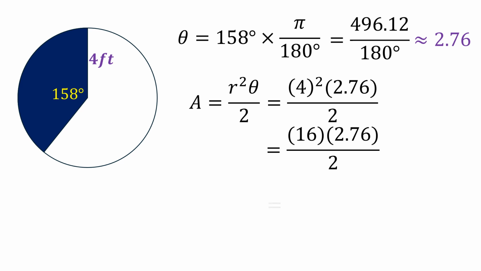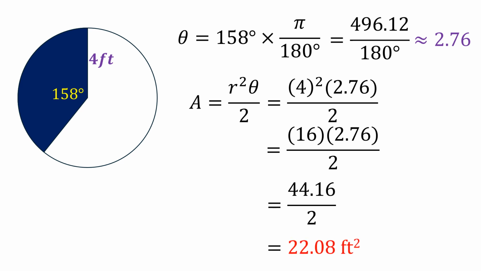Next, we multiply the top, the numerator, 16 times 2.76. You can just use a calculator. That's 44.16. Then we copy the bottom, just 2. Then we divide: 44.16 divided by 2 is 22.08.